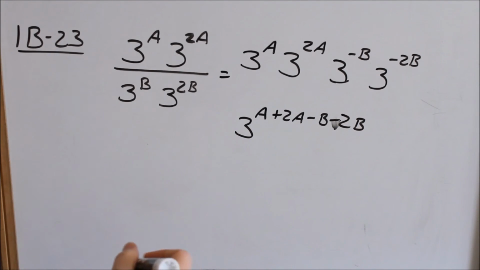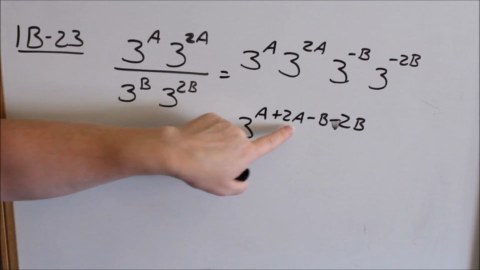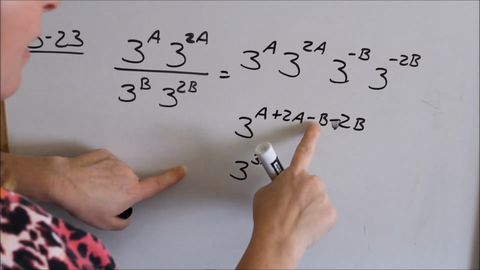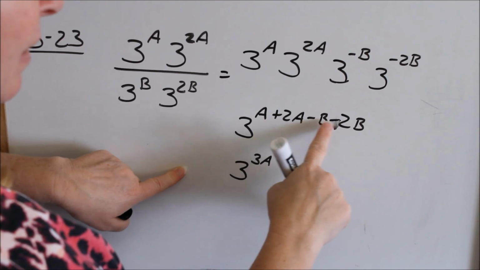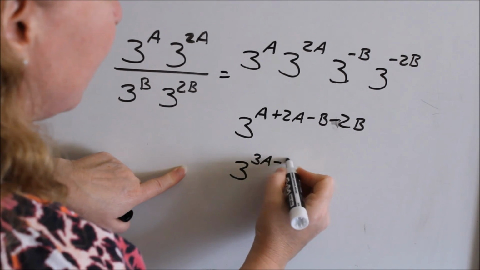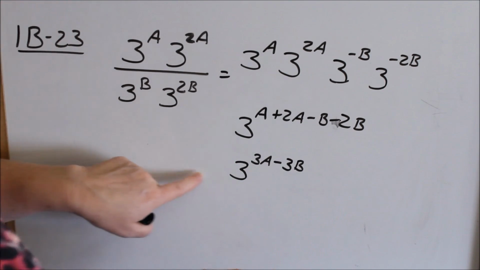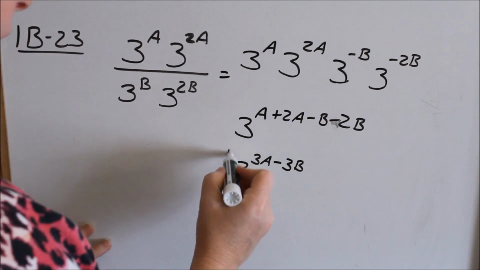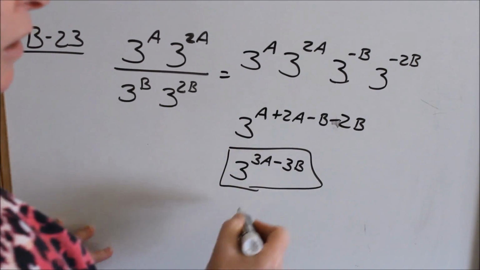Now it's just a matter of combining like terms. A plus 2A, 3A. A negative B, I'm in debt B, and I am in debt 2 more B. So that would be a negative 3B. So this would be 3 to the 3A minus 3B. I cannot combine A's and B's, so that would be your final answer.